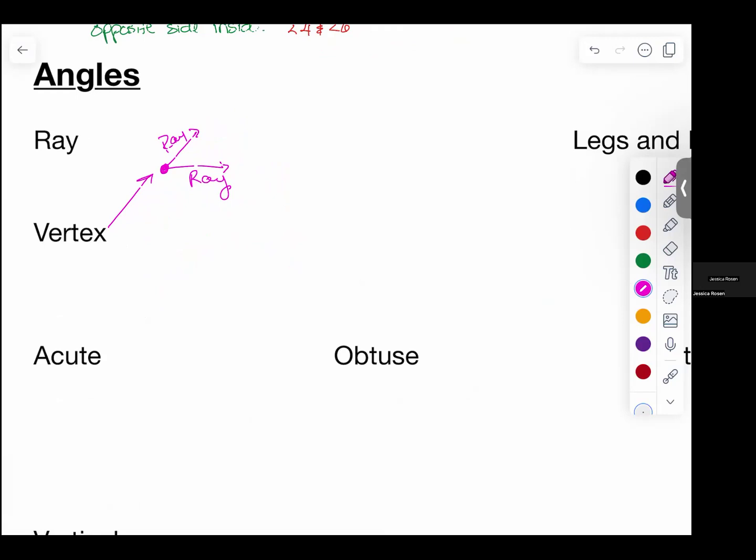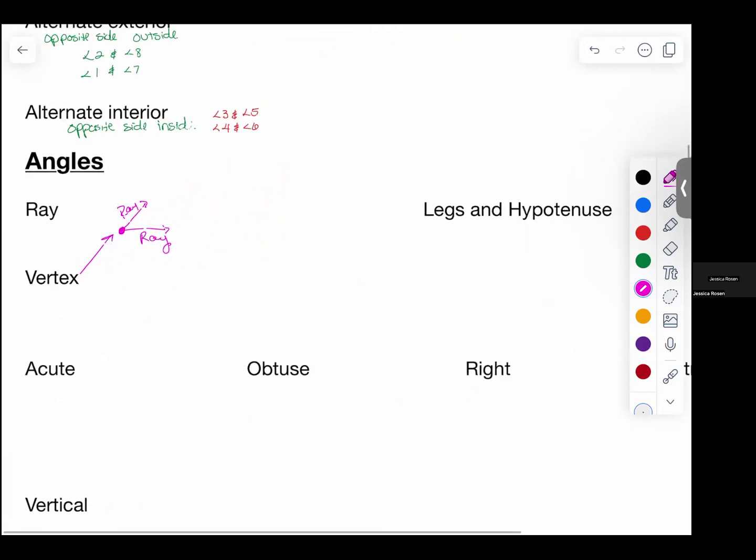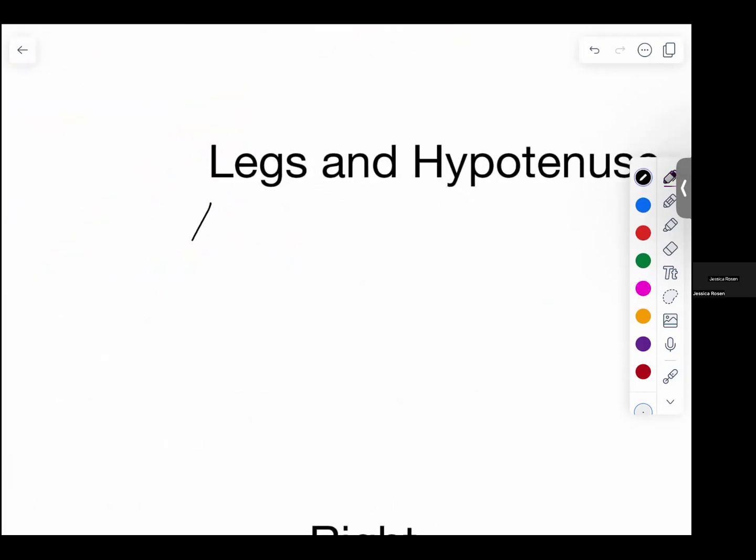Oh, I forgot over here. Then they can create a triangle, right? So if I have multiple rays put together and multiple angles put together, I can end up with a triangle. So if I have this one and this one, these are going to be legs where the right angle comes together.